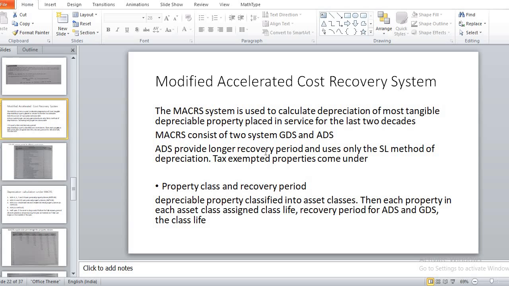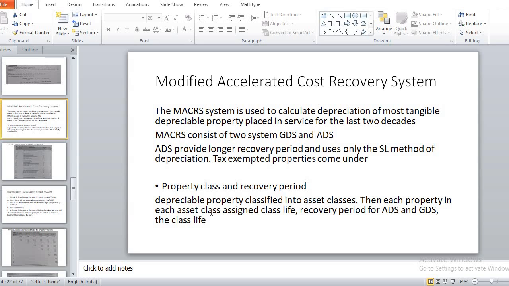To calculate depreciation value using this system, we require some data: the cost basis value, the date the property was placed in service, the property class, and the recovery period.